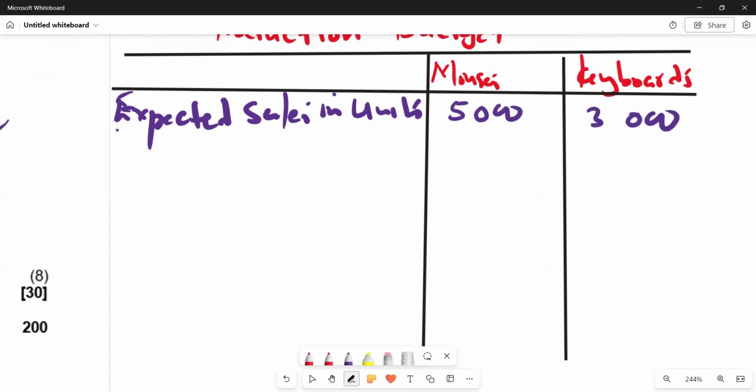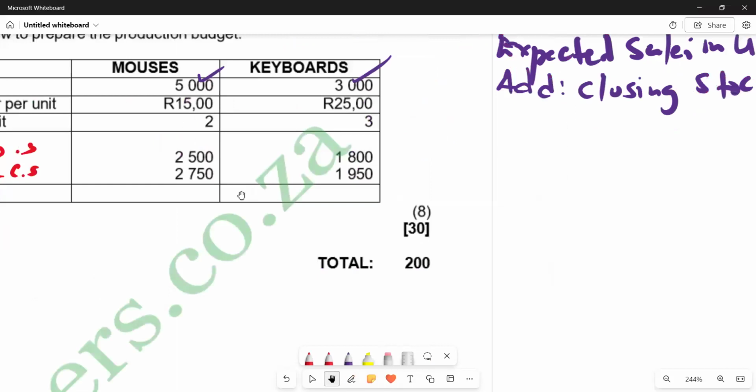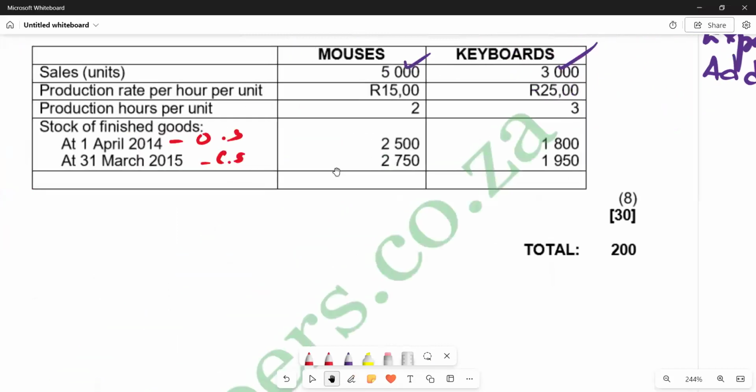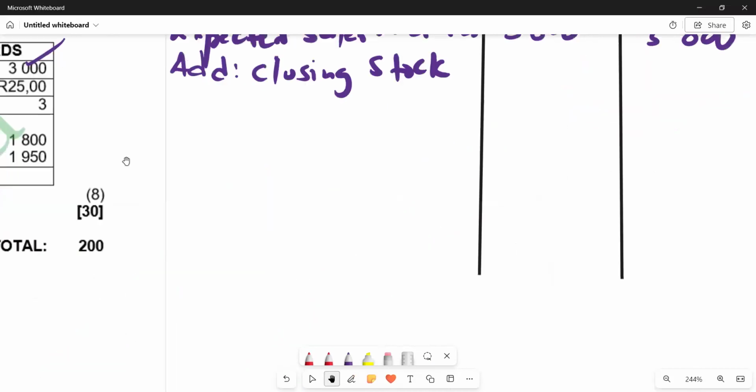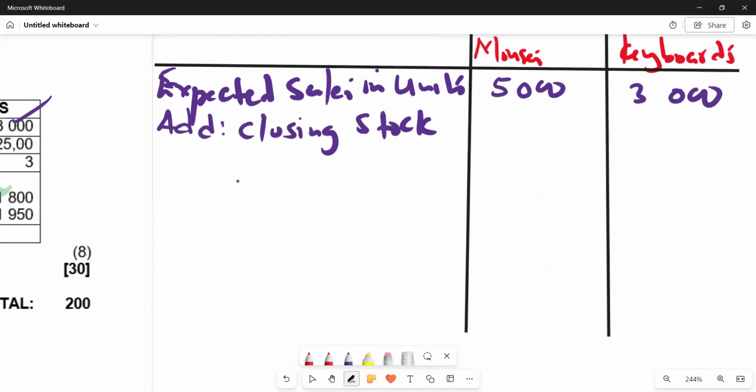Then we add our closing stock. Remember, we have our stocks at the end of the table, where we identified the opening and closing. The closing is the last one: 2,750 for mouses and 1,950 for keyboards.